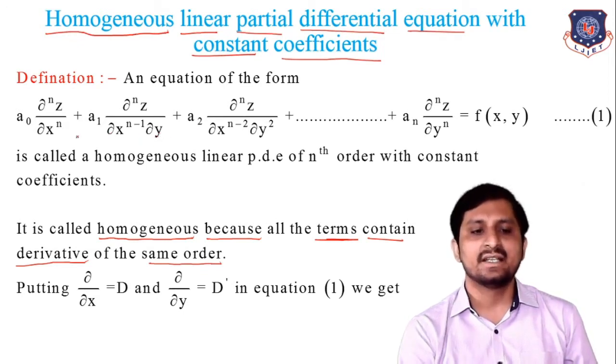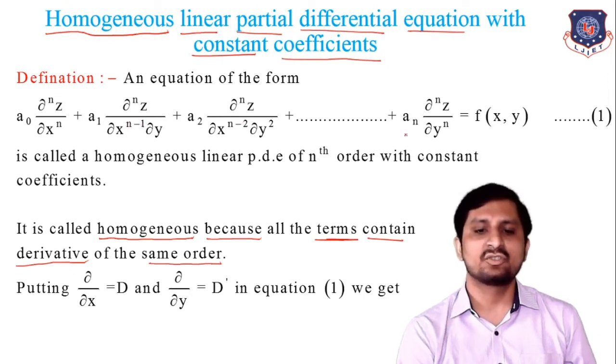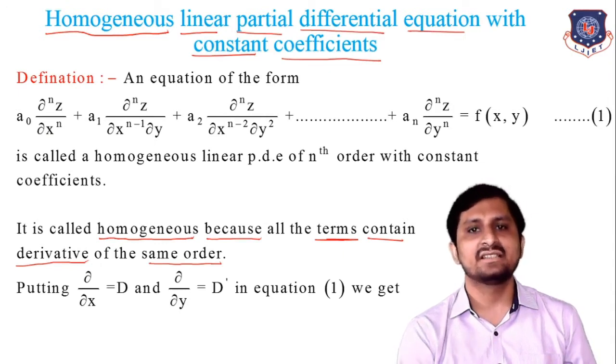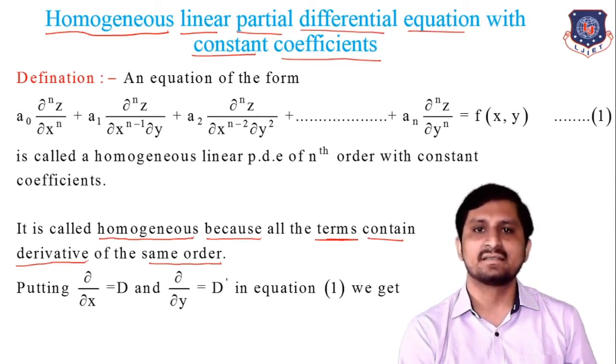You can see that here del x raised to n minus 1, then del x raised to n minus 2 up to del x raised to 0. So you don't need to write that term. Now in the first term we don't have any term of del y, in the second term del y, then del y square up to del y raised to n. So clearly you can understand that the degree of x will decrease term by term, and the degree of y will increase, right?